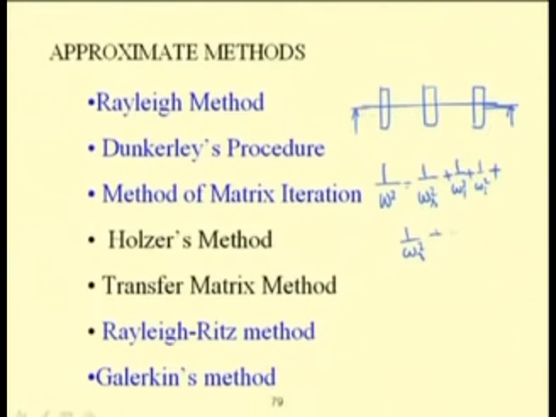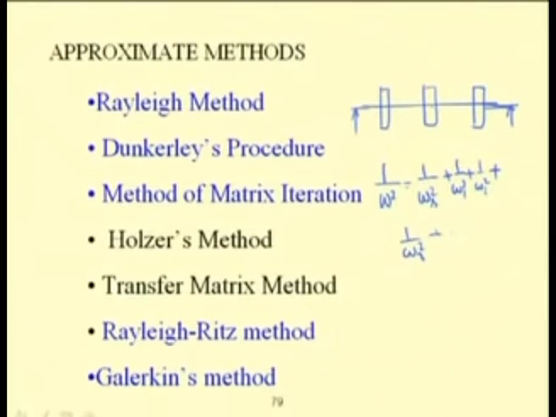As already seen, this is a continuous system with an infinite number of natural frequencies. So, one can get an infinite number of natural frequencies for omega s, and by taking care of omega 1, omega 2 and omega 3, the natural frequency of the system can be determined approximately.